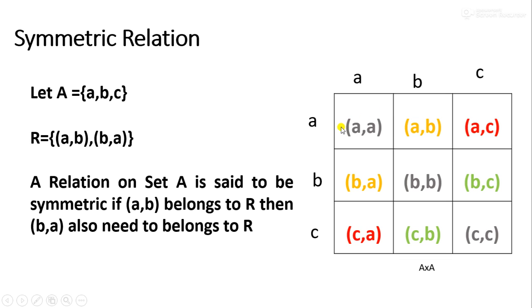And the diagonal elements AA, BB and CC are each the symmetry of themselves. So a relation on set A is said to be symmetric if AB belongs to relation R, then BA also needs to belong to R.